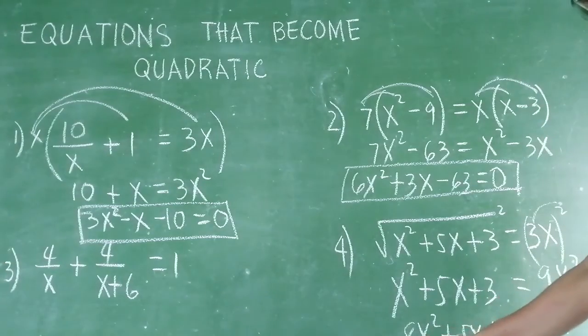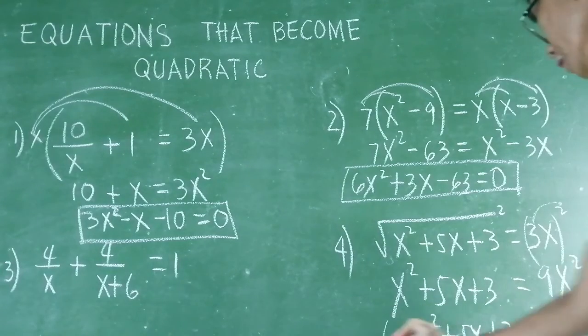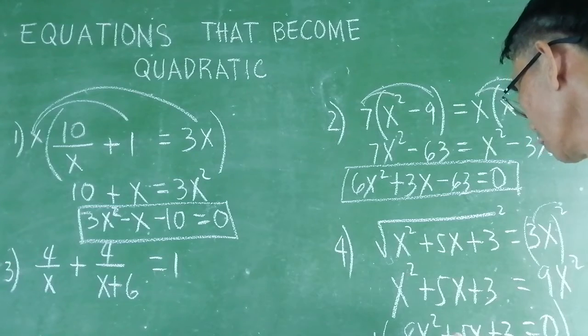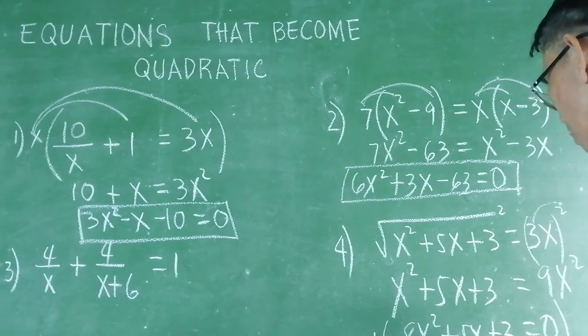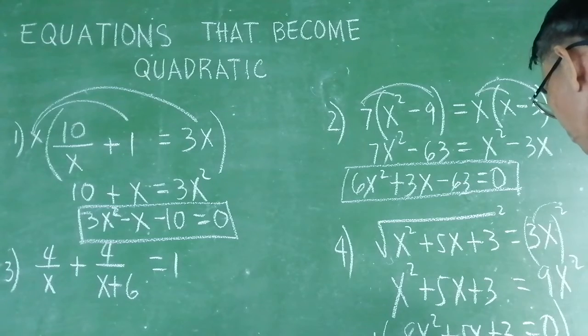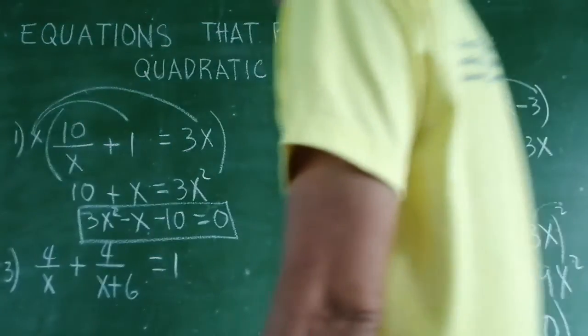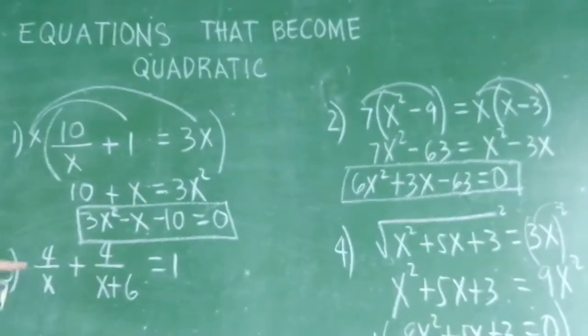So make this positive by multiplying by negative 1. So it will become 8x squared minus 5x minus 3 will be equal to 0. Okay, so that is already a quadratic equation.